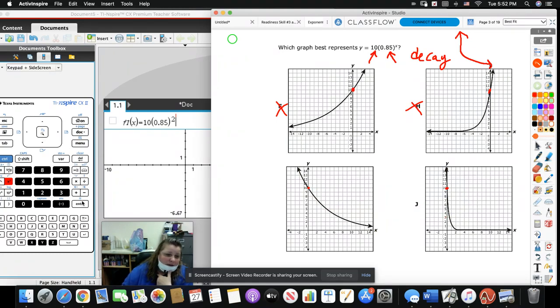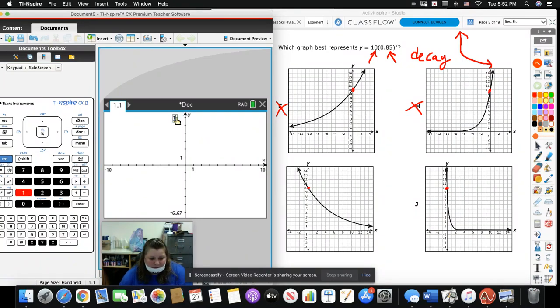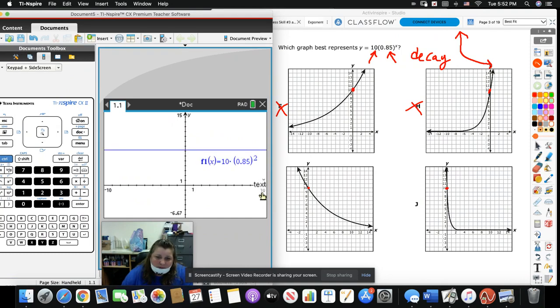All right, either way, I can type it in the calculator. I can't see anything, so I need my window to match this. This is going by 1s to 14 to 15. So I come up here, I type 15. Down here, -5.